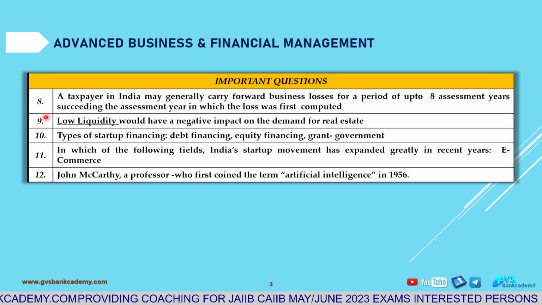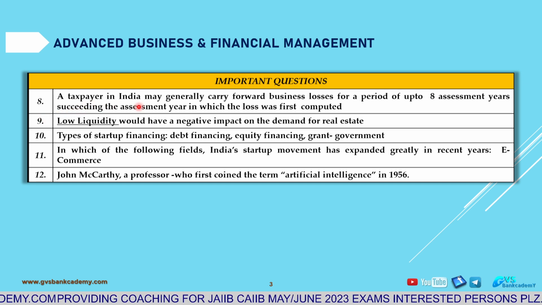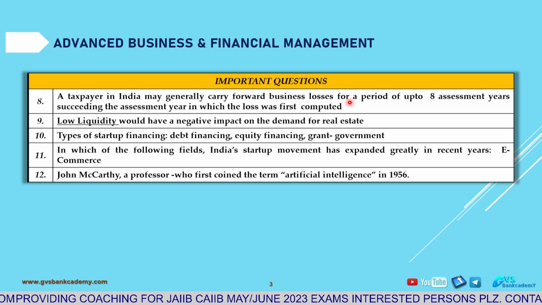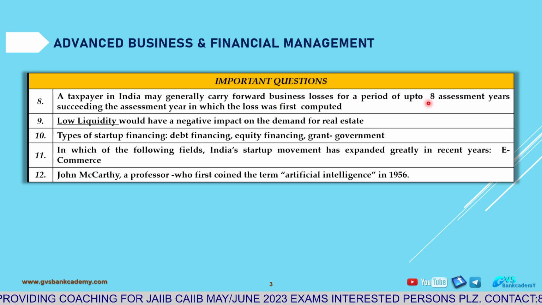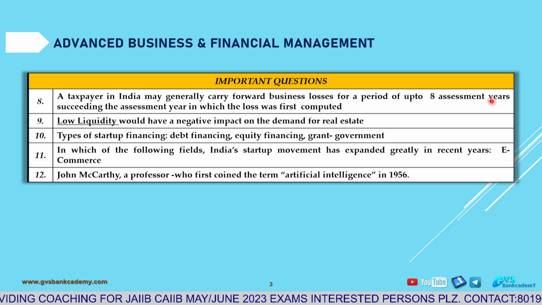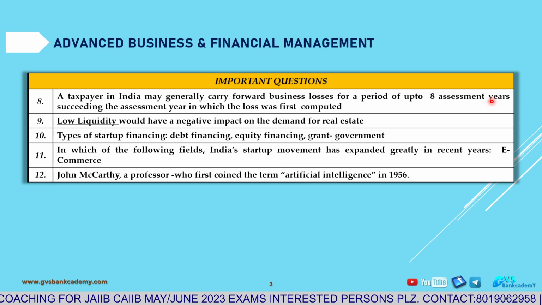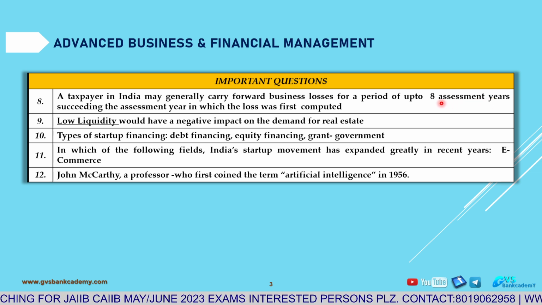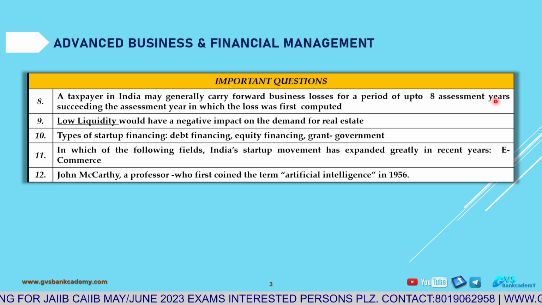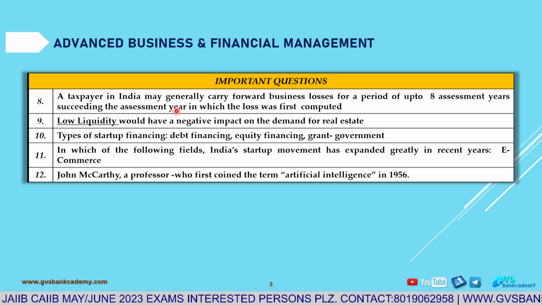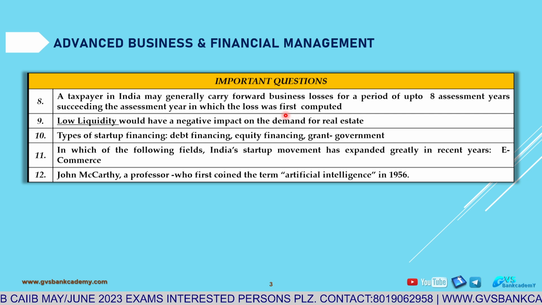Question number 8. A taxpayer in India may generally carry forward business losses for a period of up to 8 assessment years. So, any company can carry forward the business losses up to 8 years, subject to the years succeeding the assessment year in which the loss was first computed.